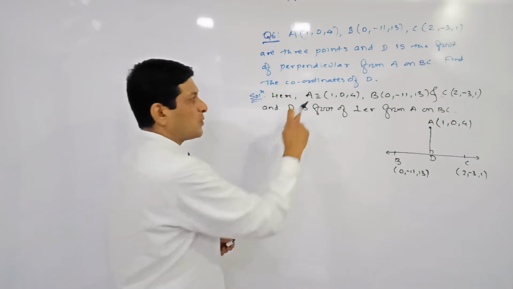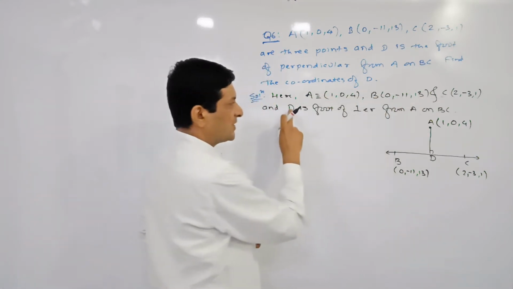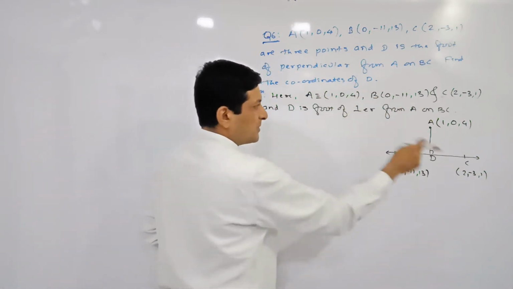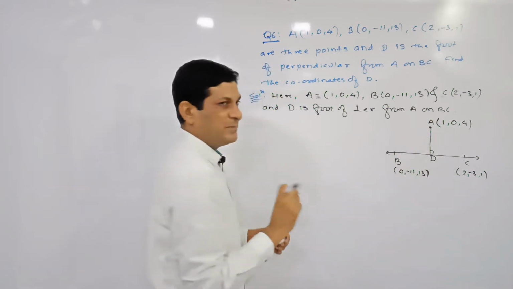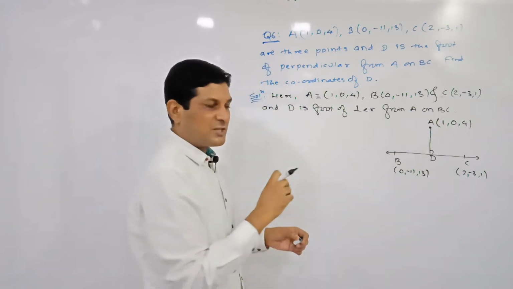Well, here the coordinates of points A, B, C are given to us, and D is nothing but the foot of perpendicular drawn from point A on line BC. Now we are trying to find the equation of BC.